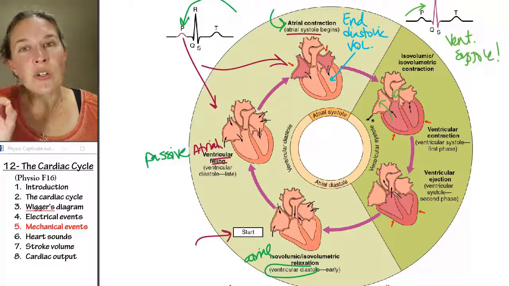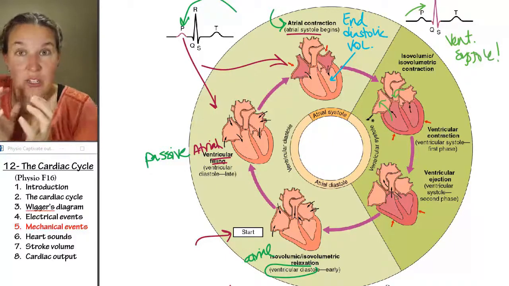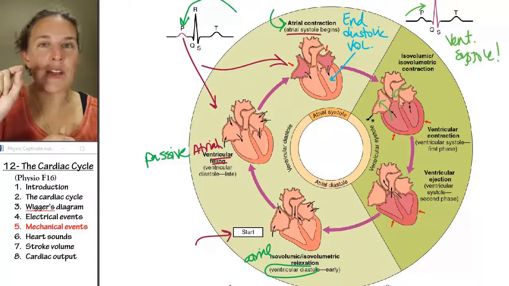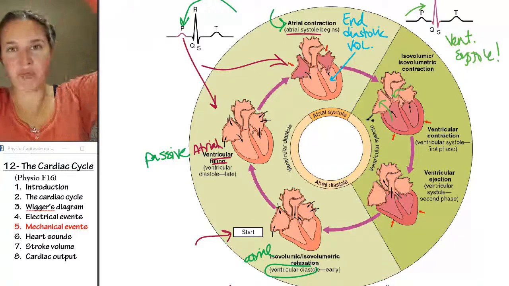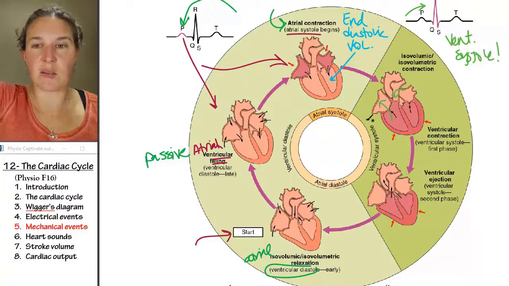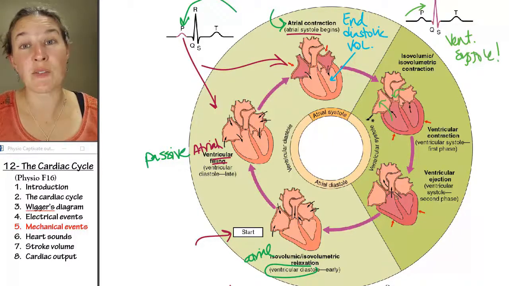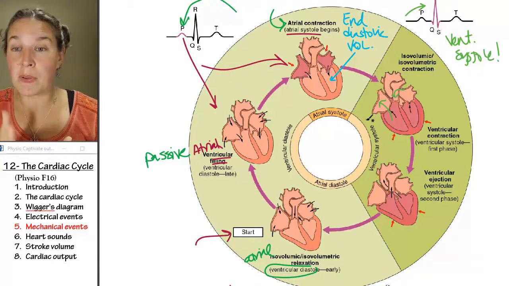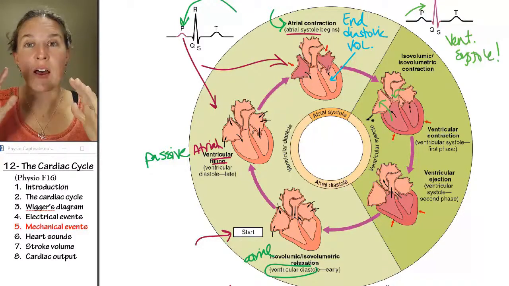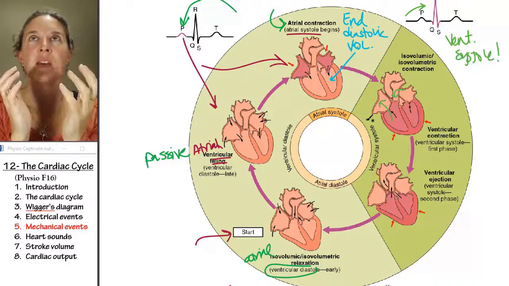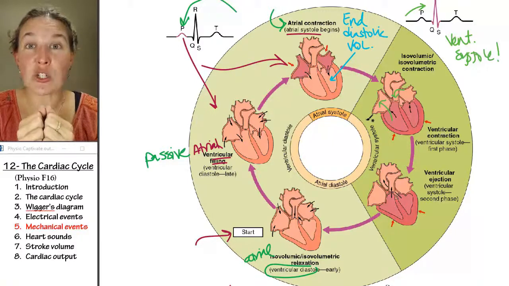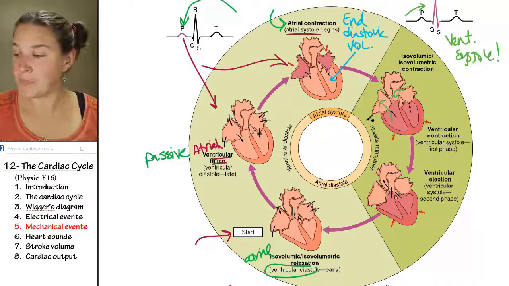As pressure increases, the semilunar valves are like, we can't hold, and out bursts the blood through the semilunar valves, and you have the generation of the maximum force of contraction in your ventricles.